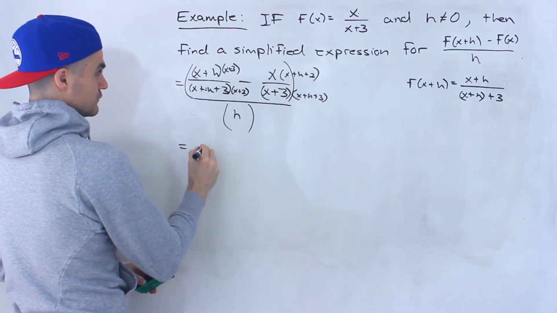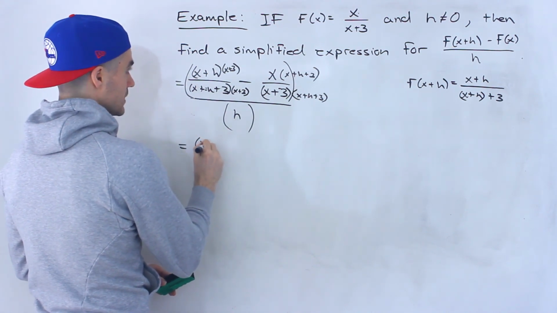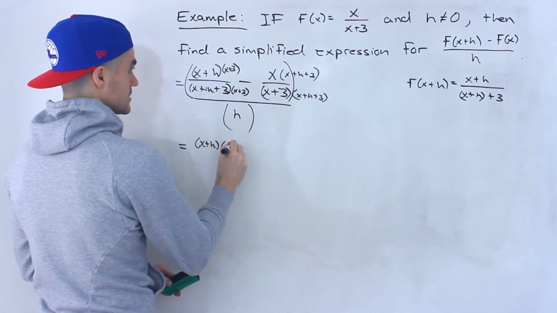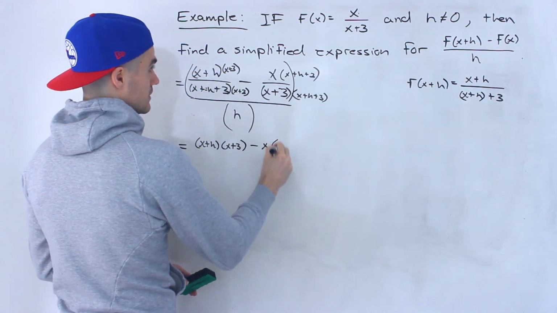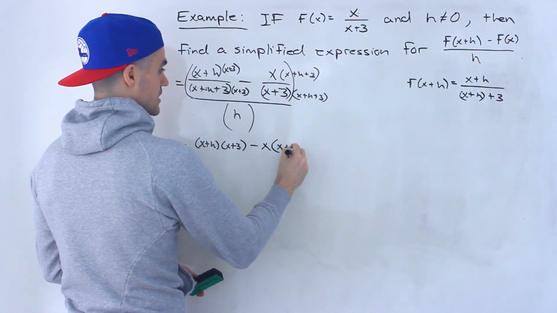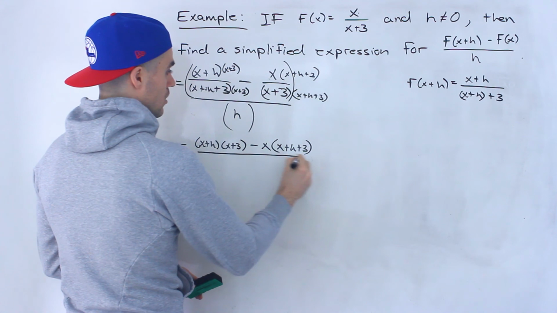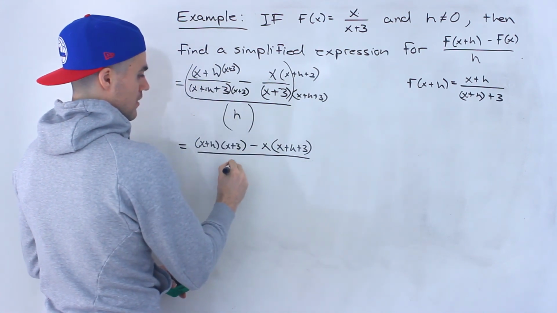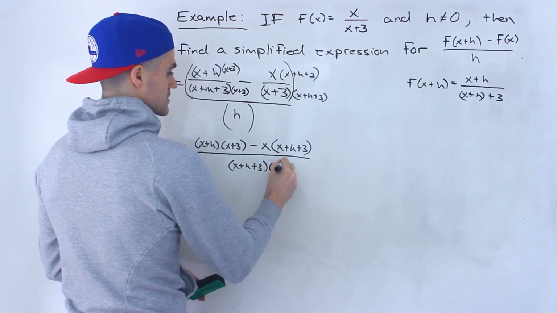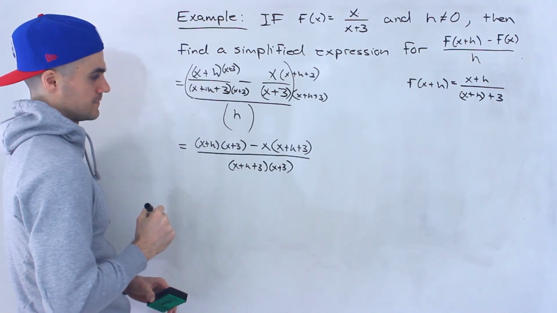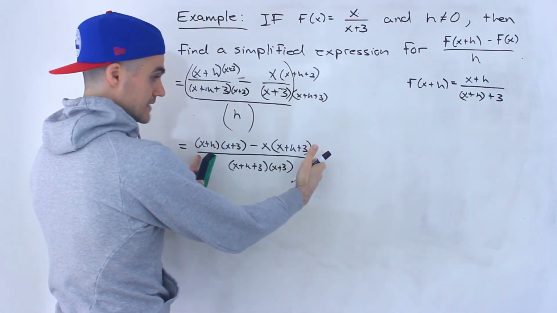So what this would simplify to, the numerator, is x plus h times x plus 3 minus x times x plus h plus 3. And this will be all over x plus h plus 3 times x plus 3. Like that. Right, so those two fractions that were there before, it's equal to that.